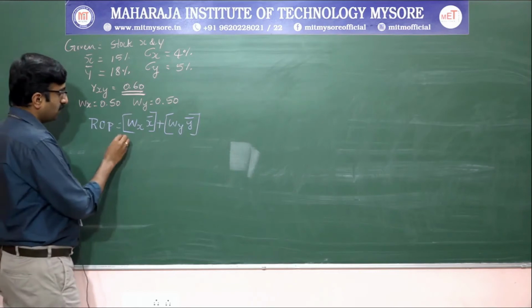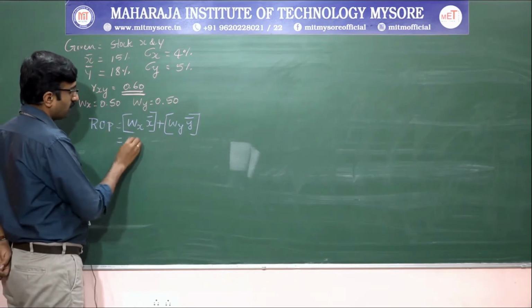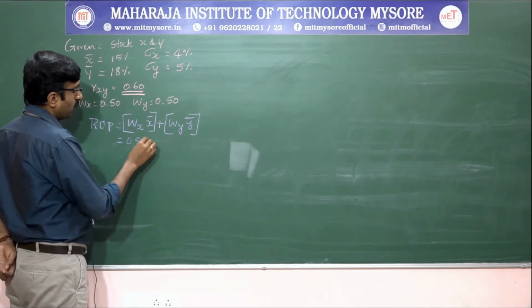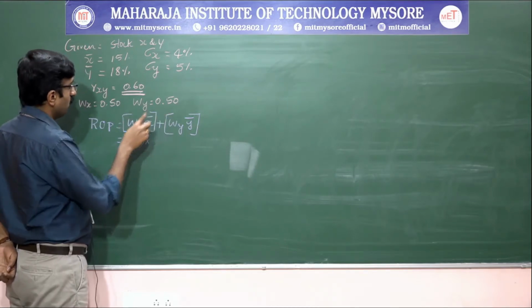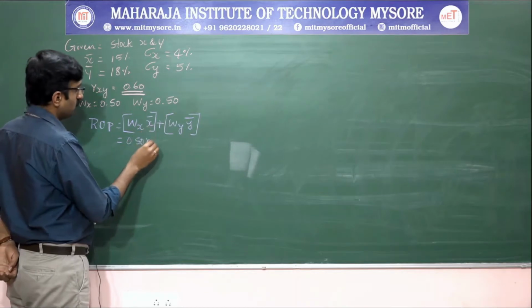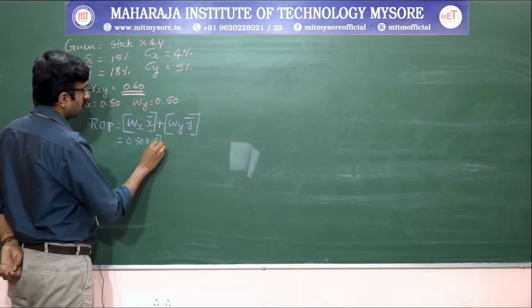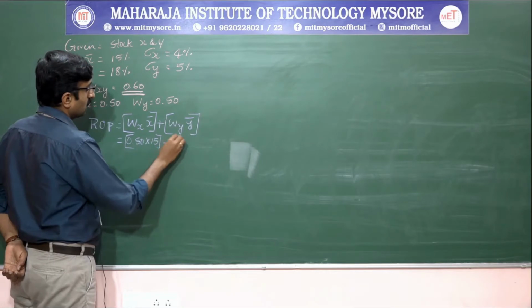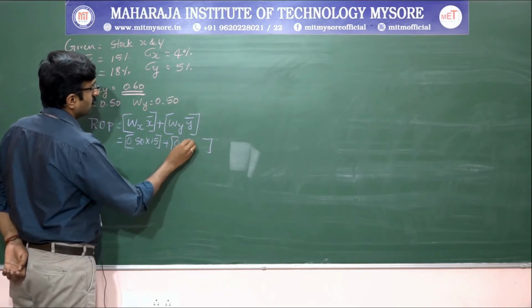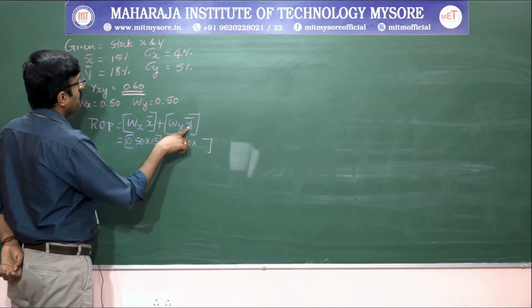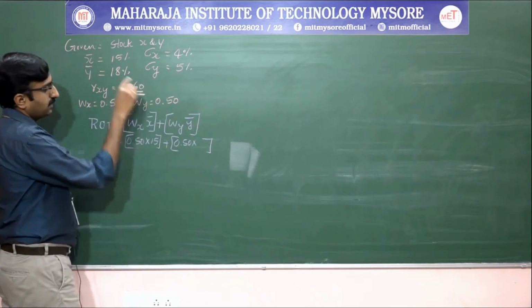So, the weight of X it is 0.50, into X bar value that is 15%, plus weight of Y 0.50 into Y bar, it is 18.